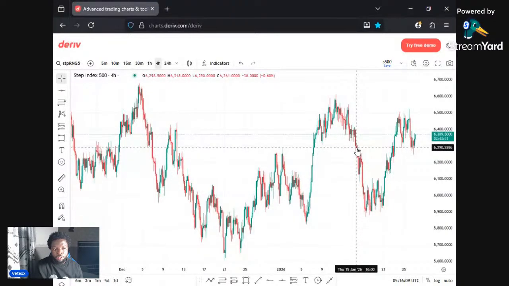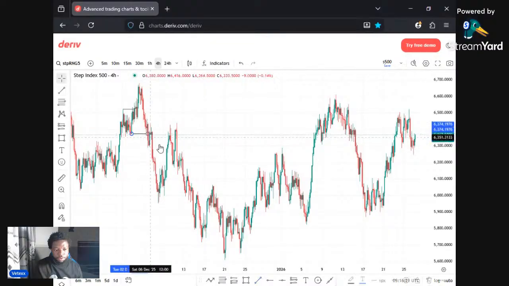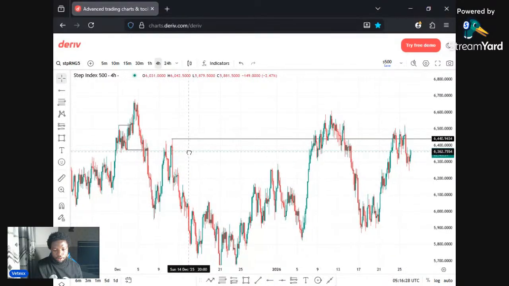On the 4-hour time frame, we have this. We have our sweep of liquidity here. We have first break of structure. We have price retracing 50% to give us structural liquidity, and we have second break of structure.